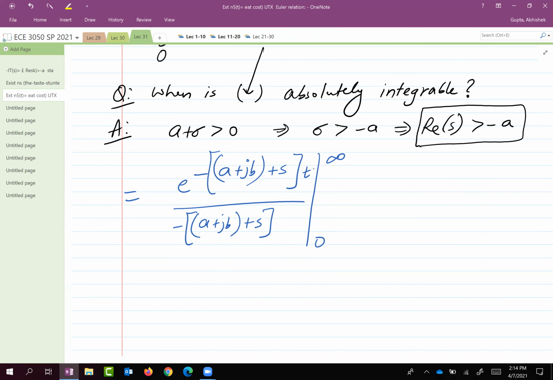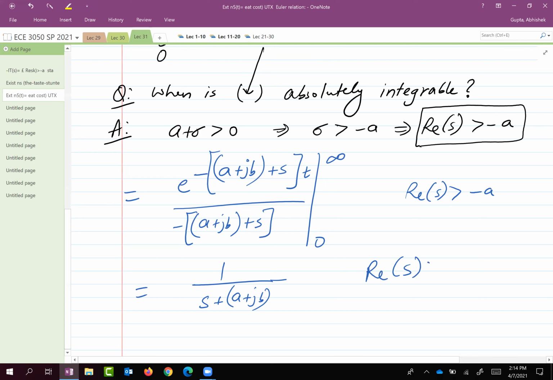So that's my integral for real part of s greater than negative a. And once I do the limit and all that stuff, what I would get is 1 over s plus a plus jb. This is my Y(s).